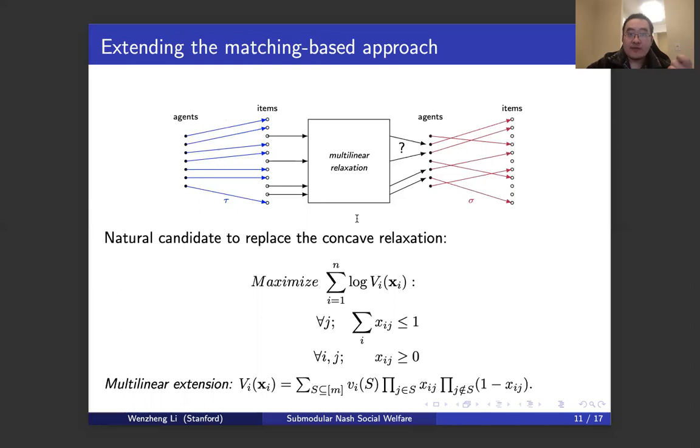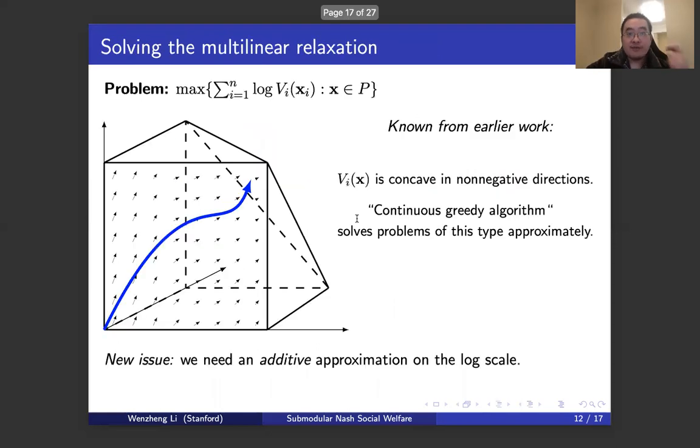It's known from early work that although the multilinear extension is not a concave function in every direction, it's concave in all the non-negative directions.